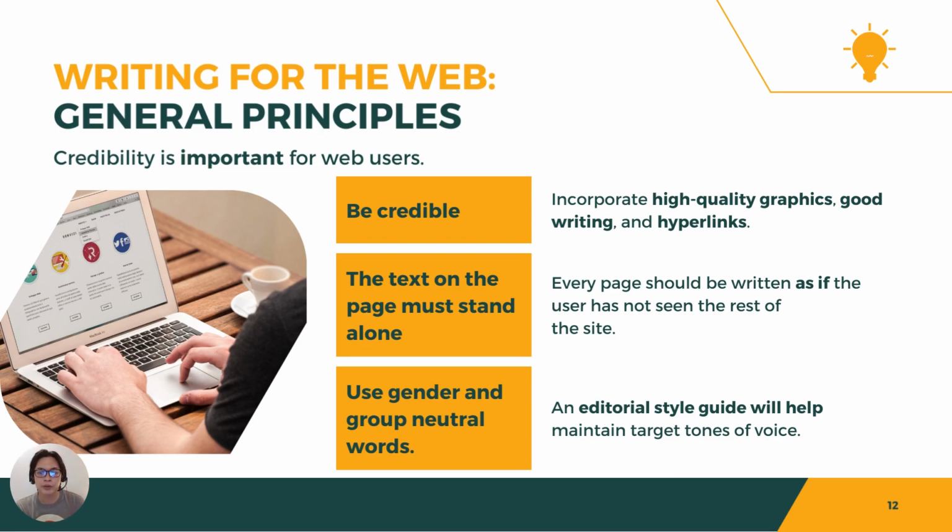The third would be using an editorial style guide, which will help maintain the target tones of voice. It should also enforce uniform language usage to maintain basic editorial quality, for example, stipulating that the word web is not capitalized, that gender and group neutral words are used, and that active and personal language is used.